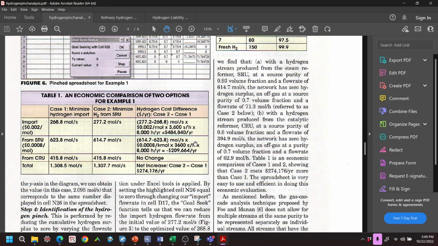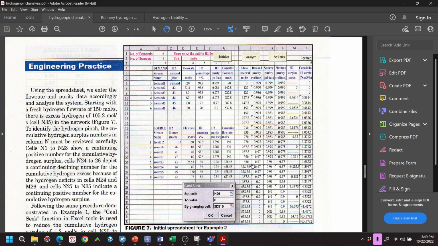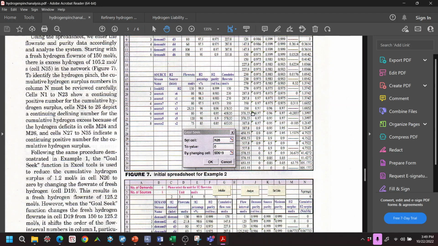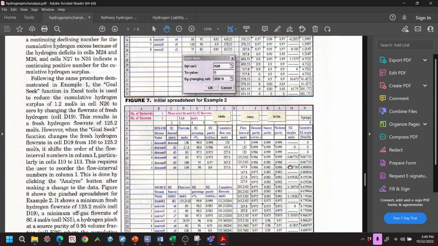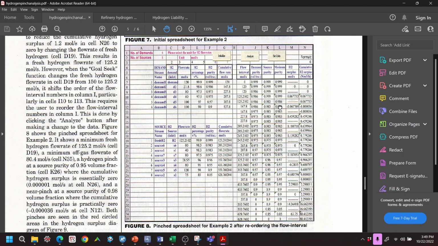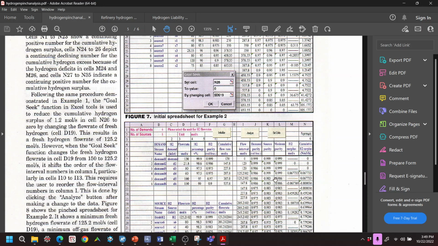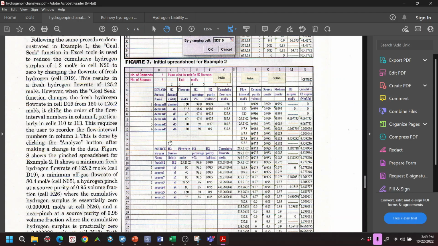So now case 2. To reduce the cumulative hydrogen surplus, okay, cumulative hydrogen surplus.